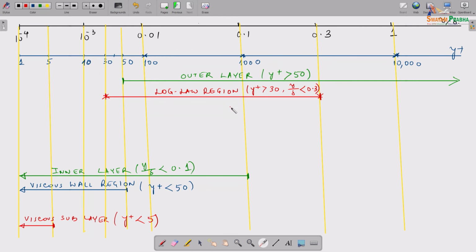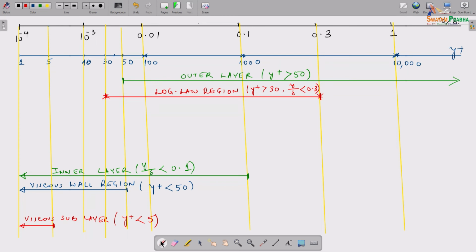Okay, so now if you see here, you have a viscous wall region, and you have a log law region, and you have a viscous wall region as well.